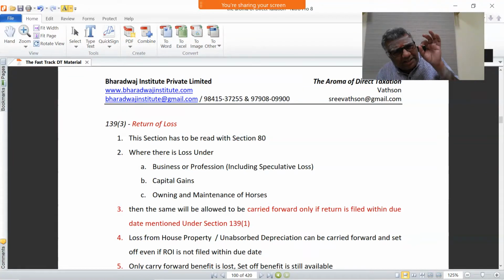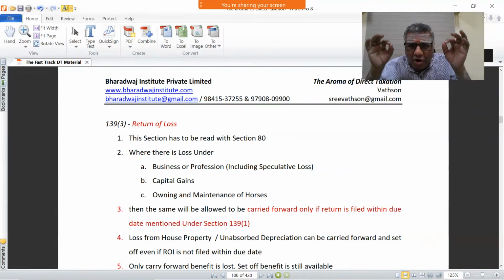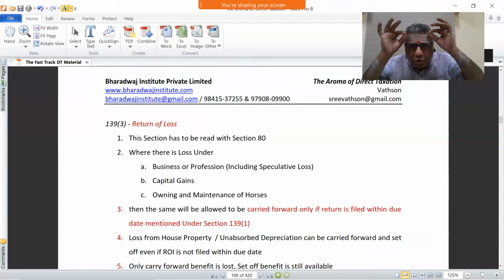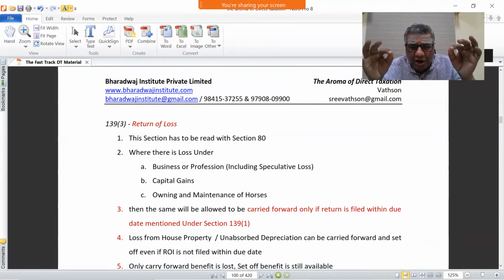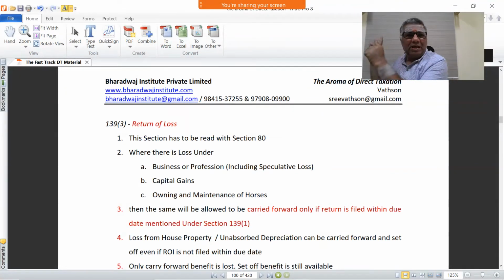Salaries, there is no possibility of a loss. So out of the 4 remaining heads, house property is excluded and the other 3 come here. If you want to carry forward your losses, you have to mandatorily file your return according to 139 subsection 1.